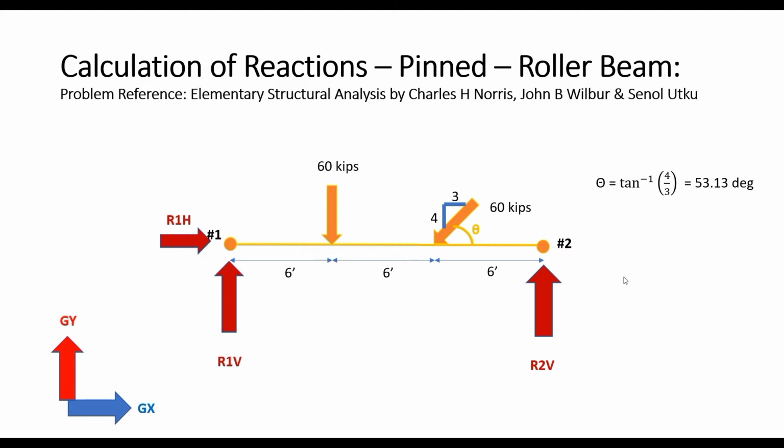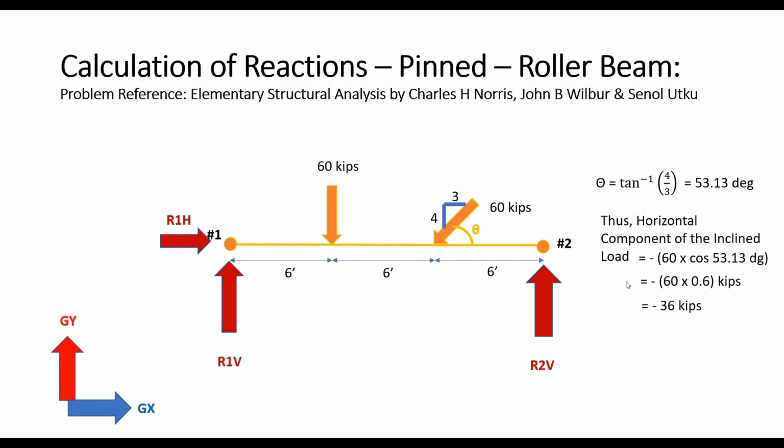So this inclined force of 60 kips will have a horizontal component of 60 cos theta, or 60 cos 53.13 degrees, which would be 36 kips. There would be a negative sign before it because the way this load of 60 kips is inclined, the horizontal component would be acting along the negative direction of the global x-axis.